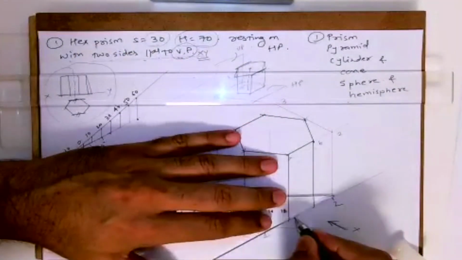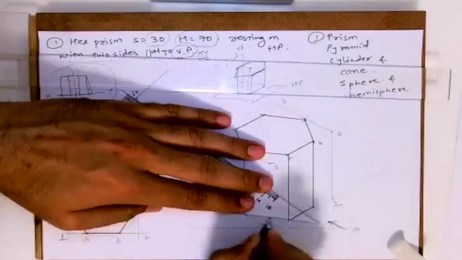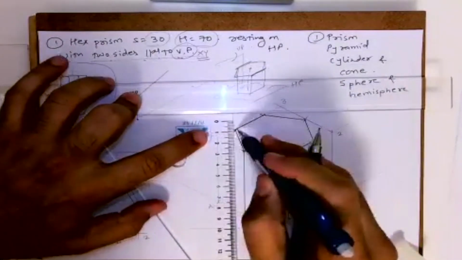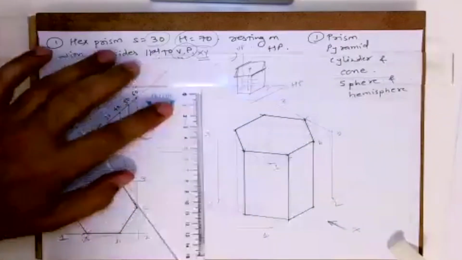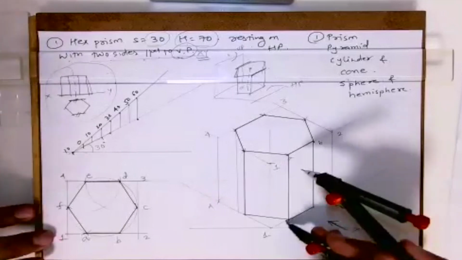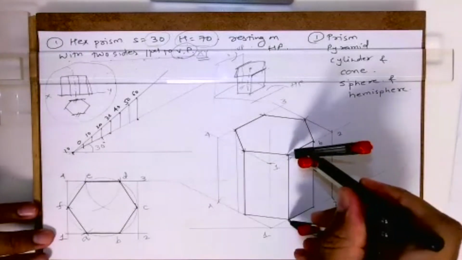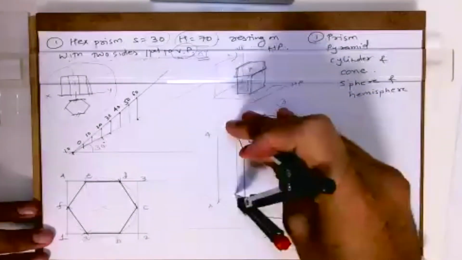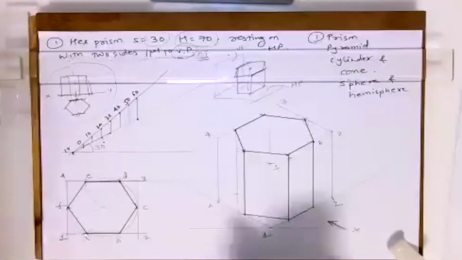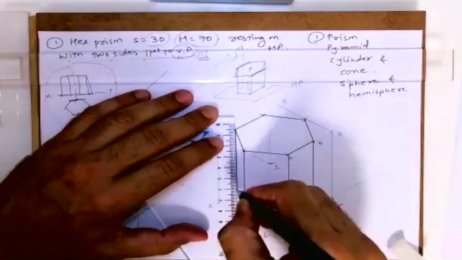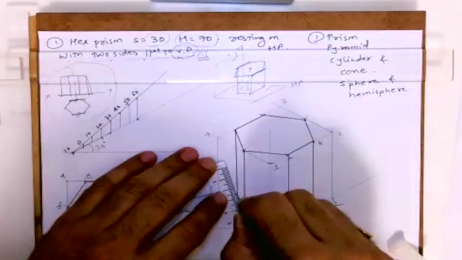I can draw this. Now the behind, I don't know this, so I'll draw a vertical line. And I know 70, right? Like this height I know, no? So I'll take this height, and from here I'll cut. So I'll get this, and then I'll join this.